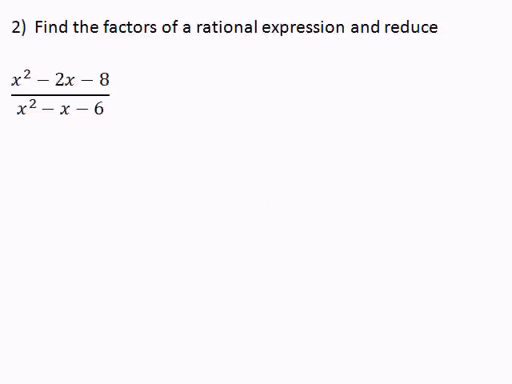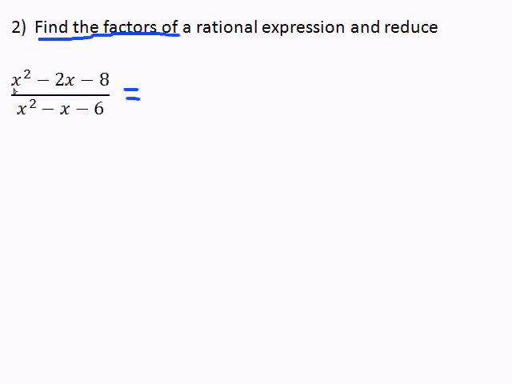Okay, using those two concepts from before, let's go ahead and look at our first example of actually finding the factors of a rational expression and reducing. Looking at this rational expression, we notice that we can factor the top, and that's what it means by find the factors of.